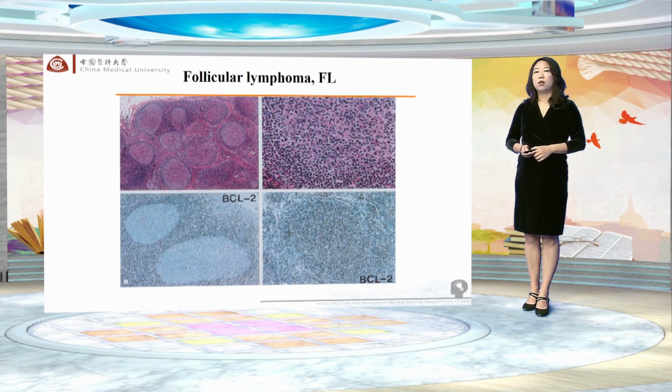This is the pathology of follicular lymphoma. It has a nodular pattern of growth. The presence of large cells or a mixture of diffuse and nodular architecture suggests a more aggressive variant of the disease.